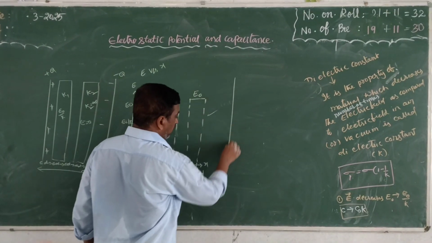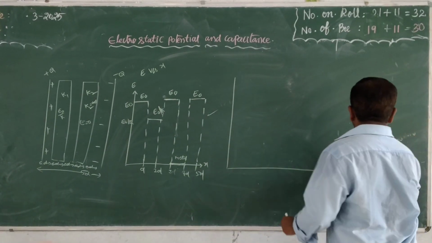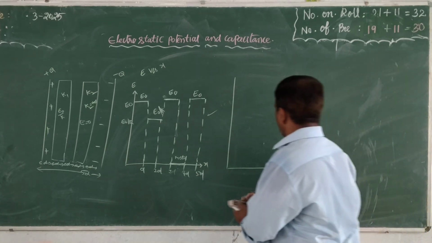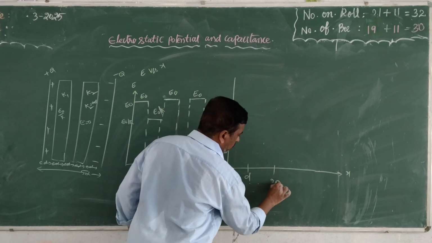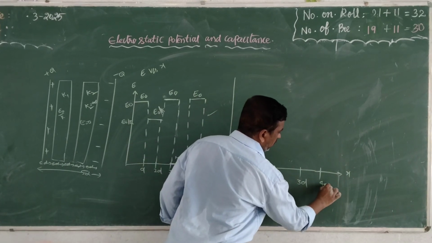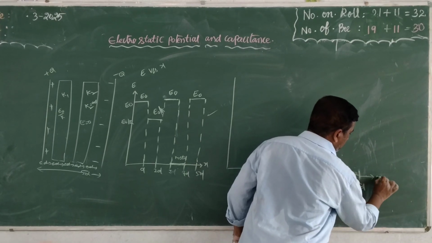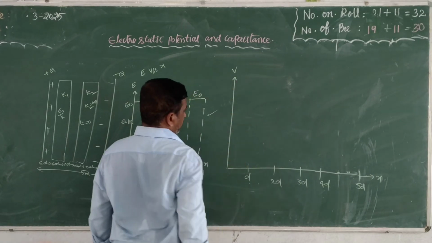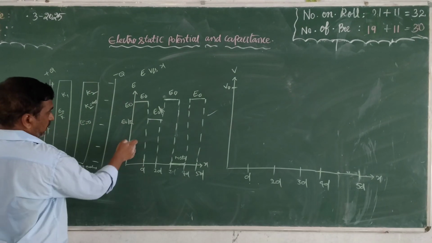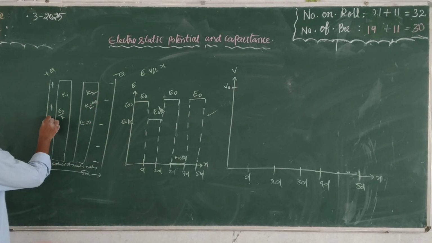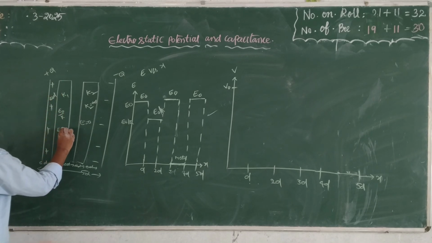Now we can draw V versus x, which is very important. See how it changes: x axis with d, 2d, 3d, 4d, 5d, and the y axis is potential. Starting from the maximum V naught, the potential drop over the first d is E naught d. Over the dielectric it is E naught d by k.